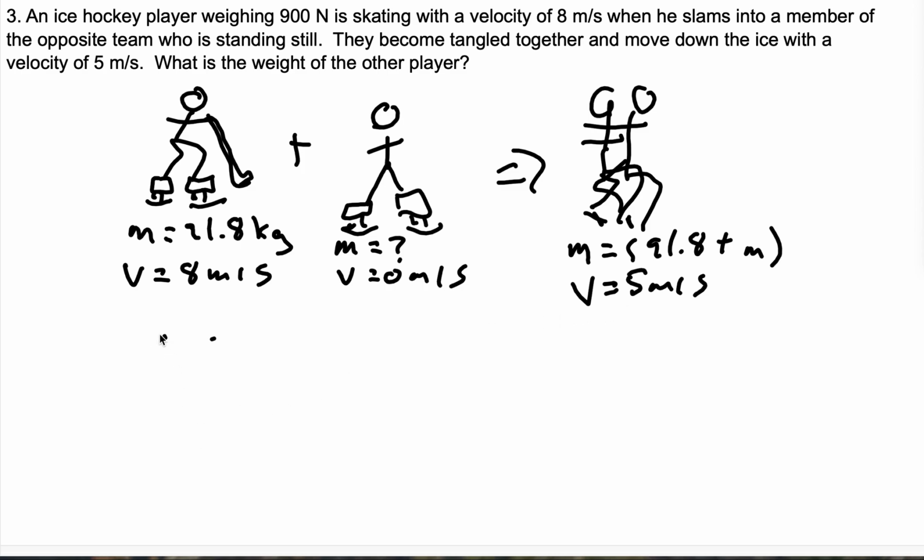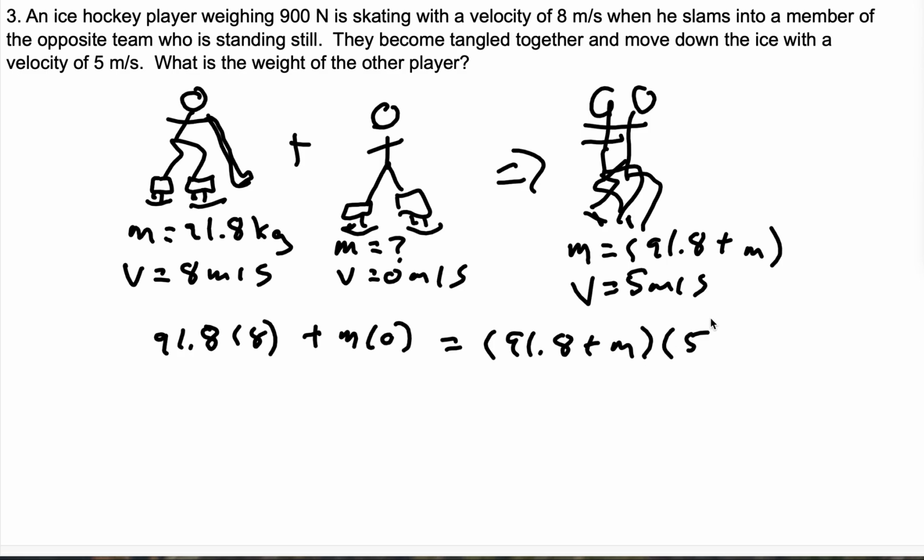So I'll get 91.8 times 8 plus my mystery mass times 0. That has to equal 91.8 plus my mystery mass times 5.